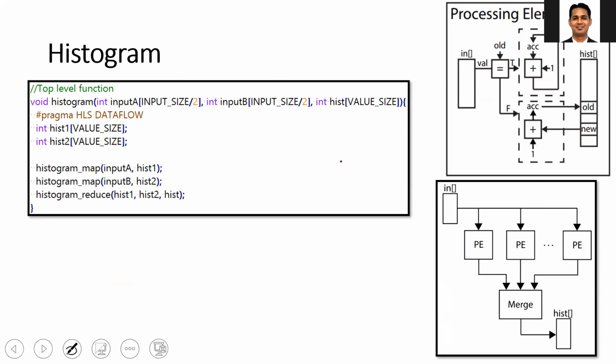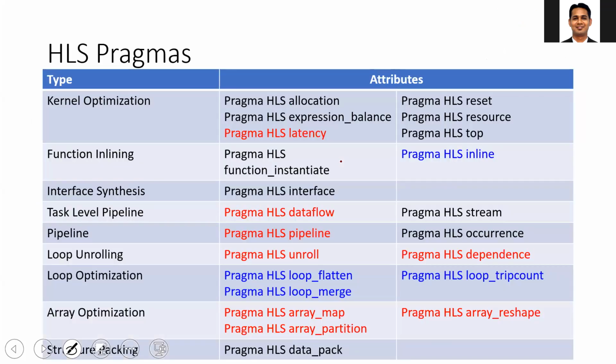This will be part of quiz 3, where you will be implementing the histogram calculations of the image, and you will optimize it in the SDSoC. So we have discussed the HLS latency, we have discussed the HLS data flow, and we have discussed the HLS dependence.